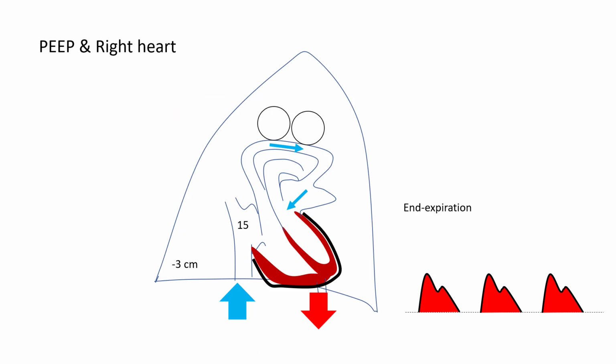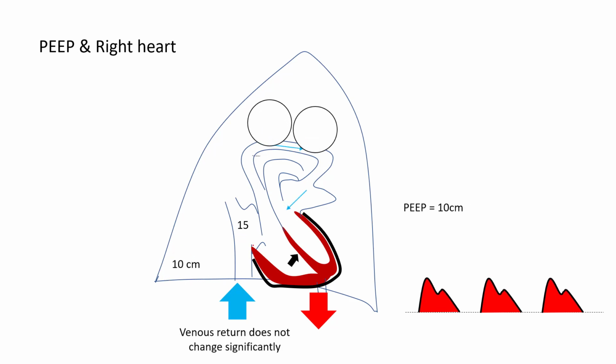PEEP is pretty much a bad thing for the right heart. Let's say this is a patient who is not intubated, has negative intrapleural pressure of -3. His venous return is okay. However, if you give them a positive pressure, it causes increased RV afterload, and thus RV output is severely diminished.